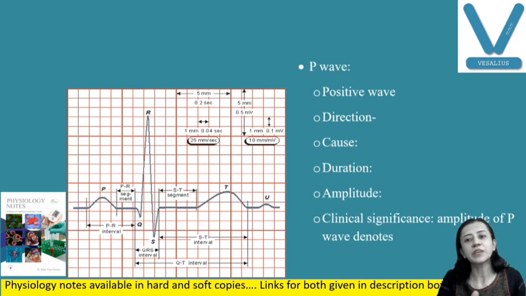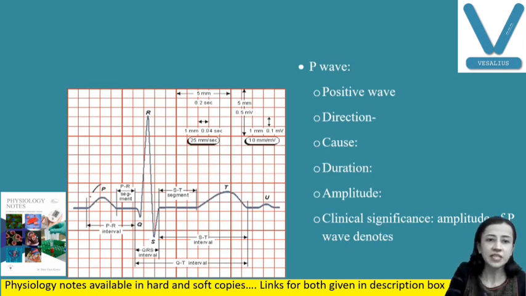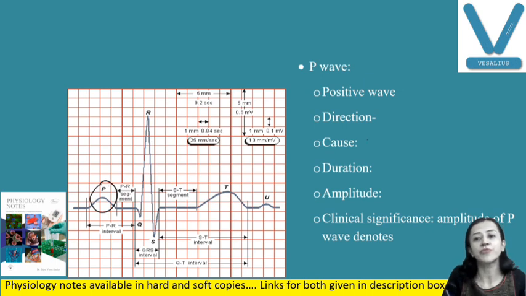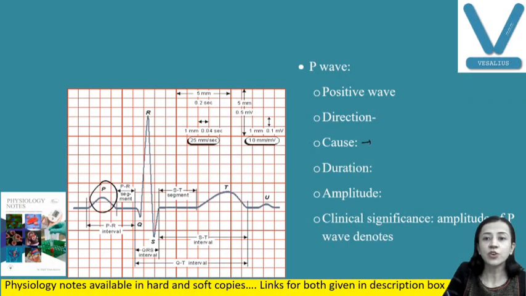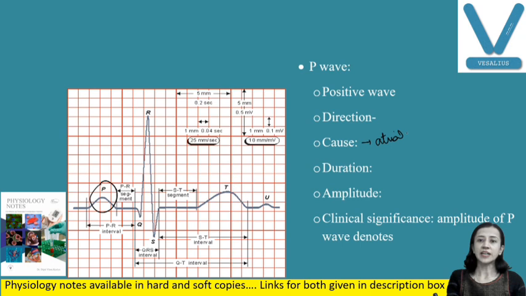Now, starting with P wave. What is this P wave? You can see here, this is first positive wave, and direction of the P wave is upward, and it is rounded. What is the cause of P wave? That is because of depolarization of atria. Atrial depolarization gives positive wave, that is P wave. Okay, what is the duration?